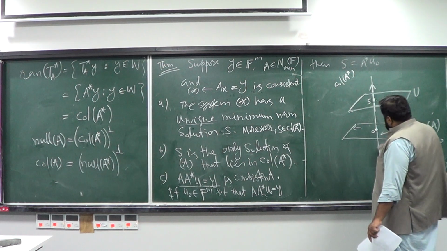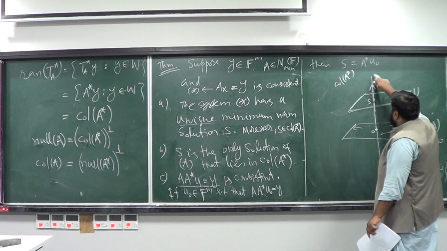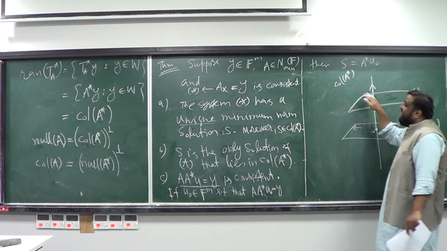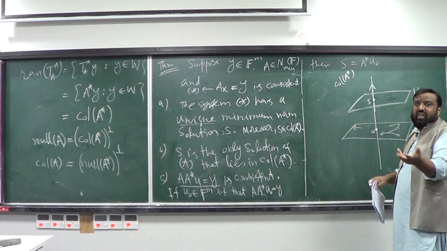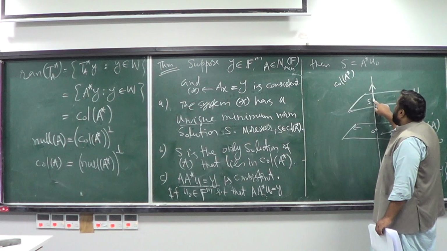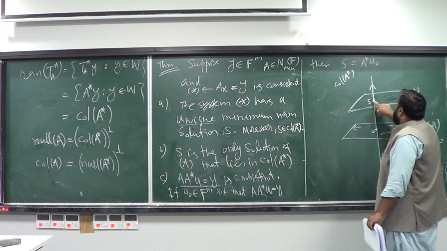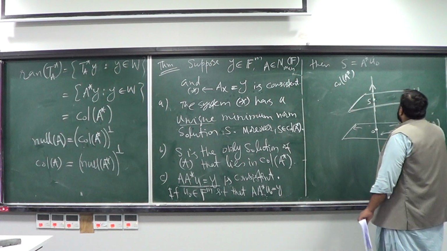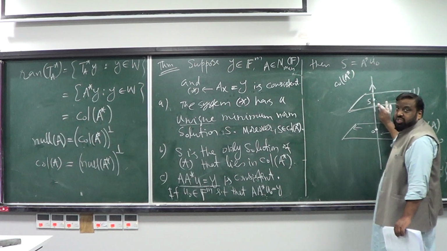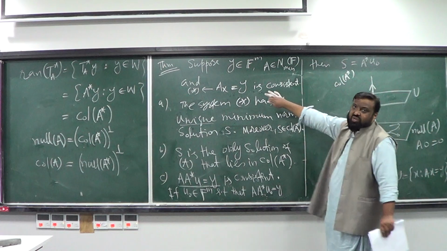So S is that vector that lies on the column space of A star. You may interpret this plane as one in which each point is a vector. Then this point is representing the vector that lies on the column space of A star, and it also lies on the space of the solutions of Ax equal to y.